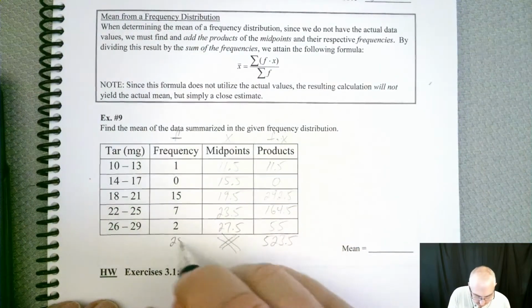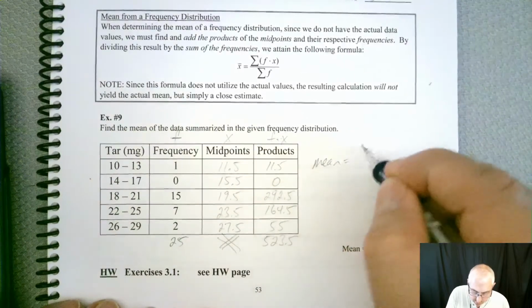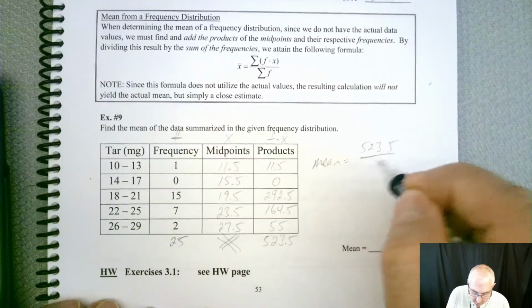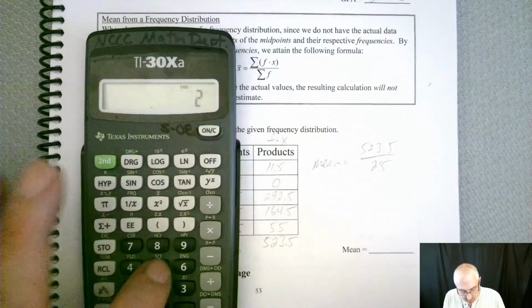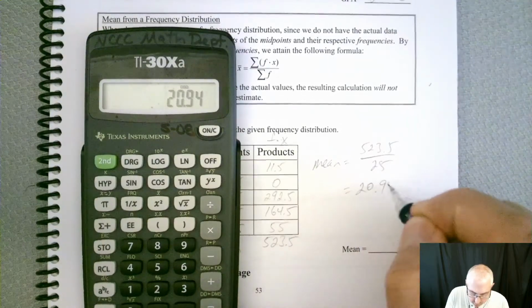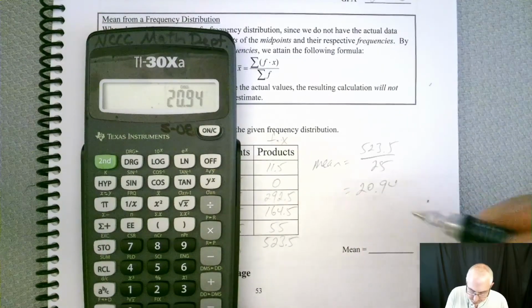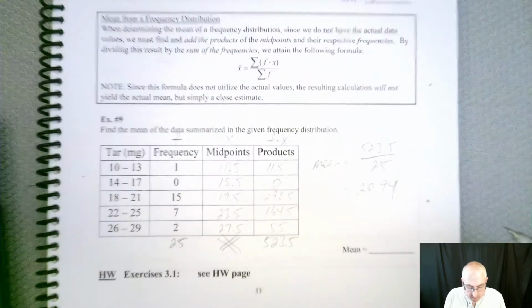And we got 25 here. So now our mean should be equal to 523.5 divided by 25. So if we divide by 25, we get 20.94. Yeah, weak lead. So 20.94.